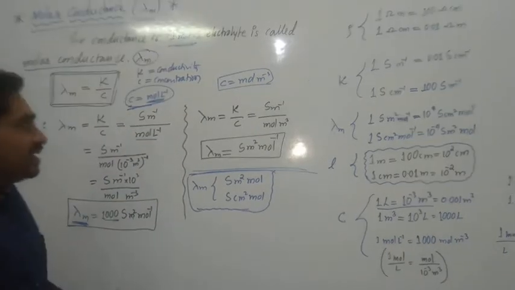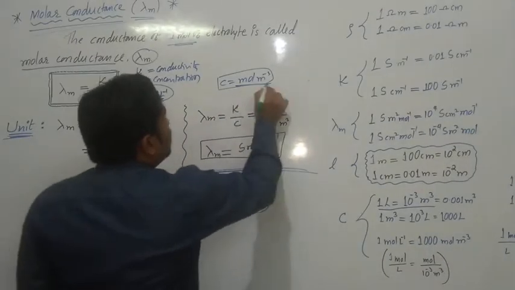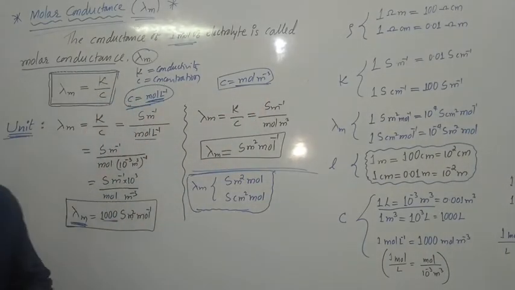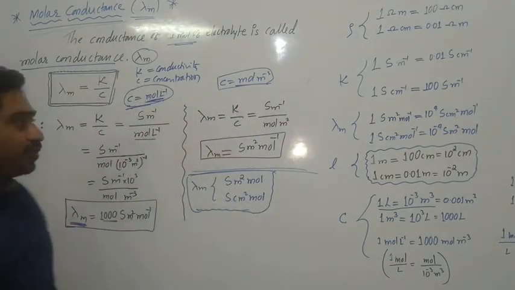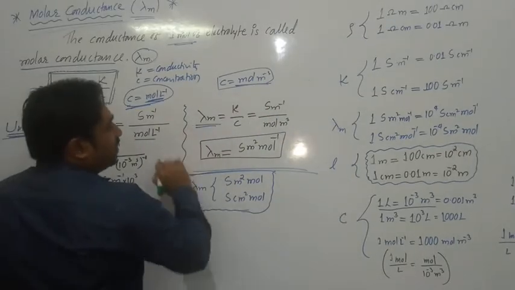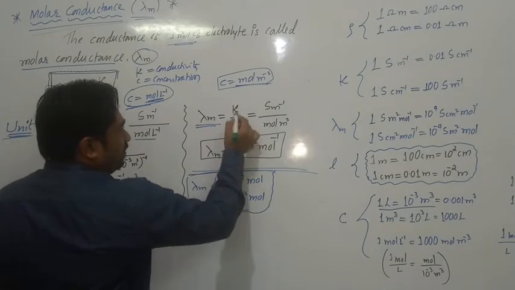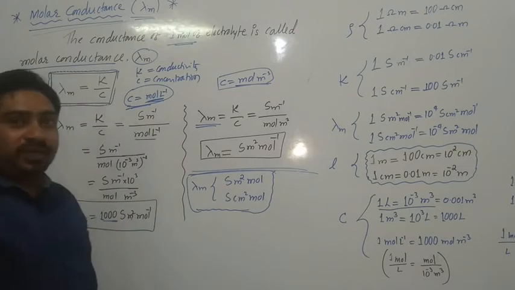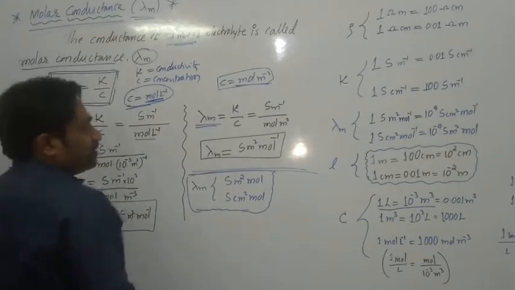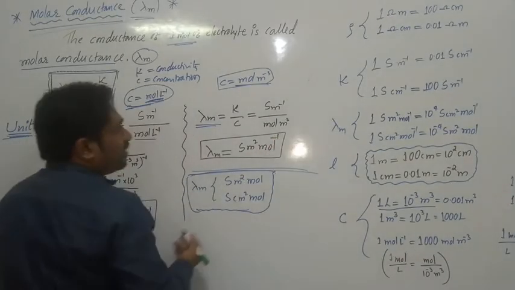Another possibility is that the concentration may be given as mole per cubic meter, because cubic meter is the SI unit of volume. So now lambda m is equal to kappa divided by C. The kappa is Siemens per meter. C is mole per cubic meter. Now what happens here?